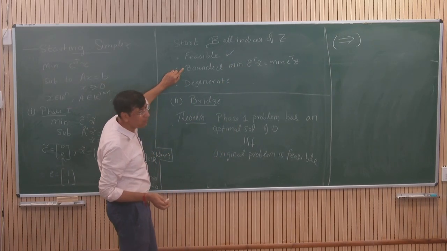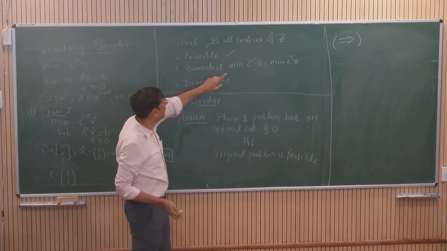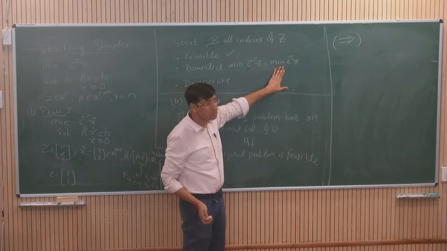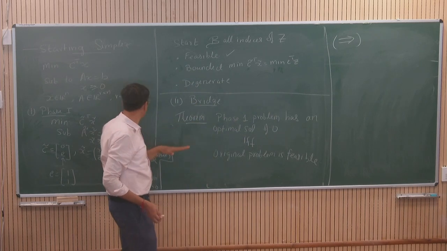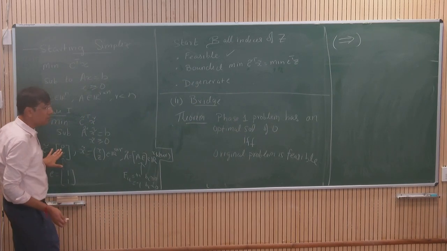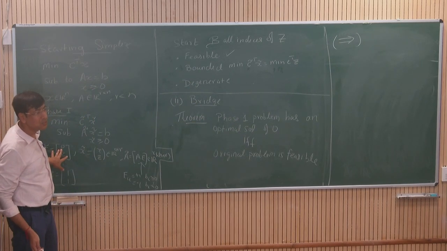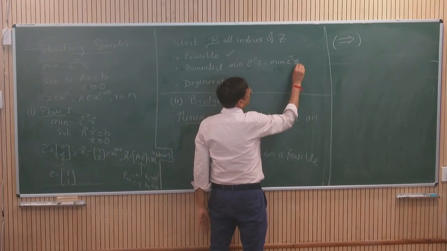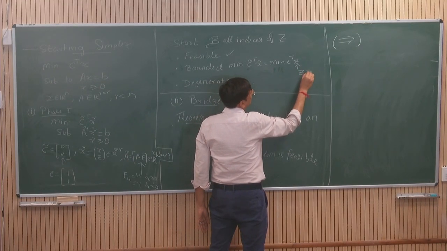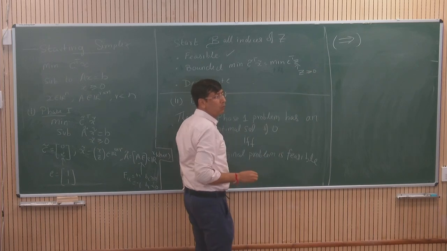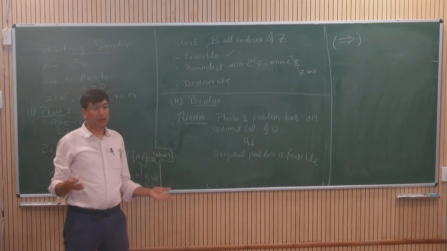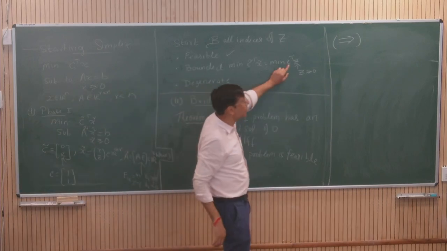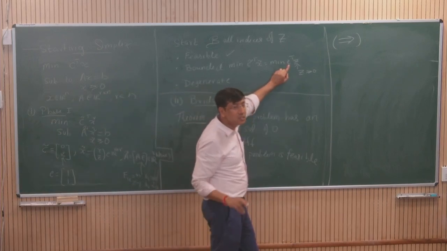But is this LP bounded? If you look at the problem, C tilde transpose X tilde actually minimizes just E transpose Z, because C tilde has zero for the X elements. So it's just E transpose Z. And we know that Z is greater than or equal to 0, because that's the definition we have, and E is just plus ones.